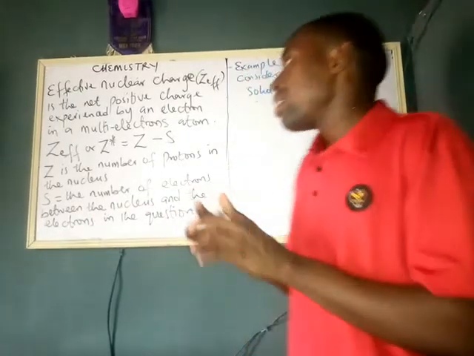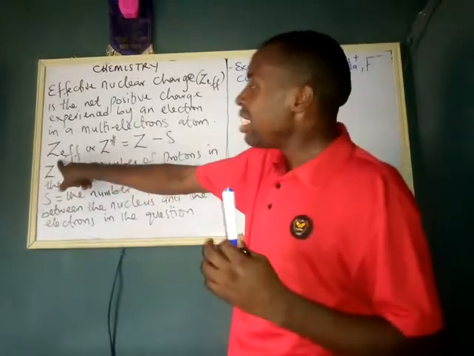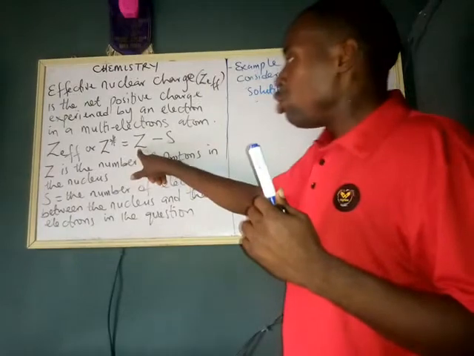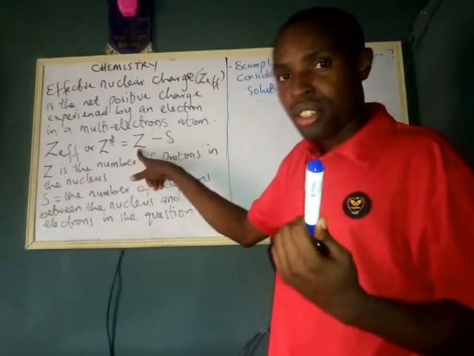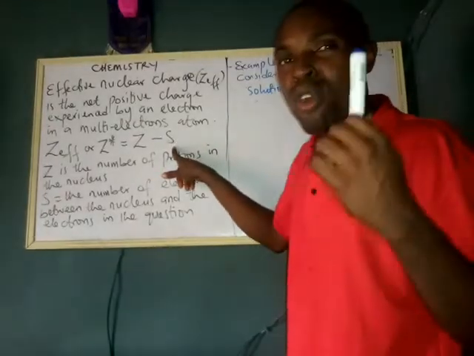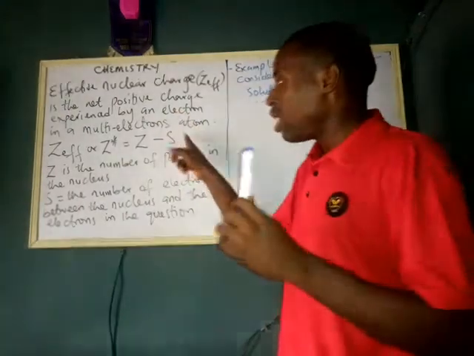Is that clear? Now, the formula for it is effective nuclear charge is equal to the number of protons, which is Z, minus the number of core electrons, core, C-O-R-E, core electrons.